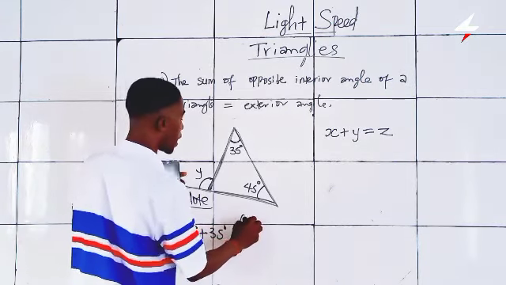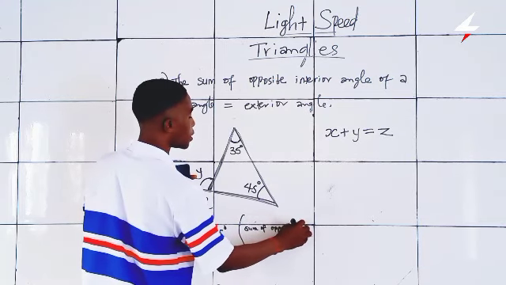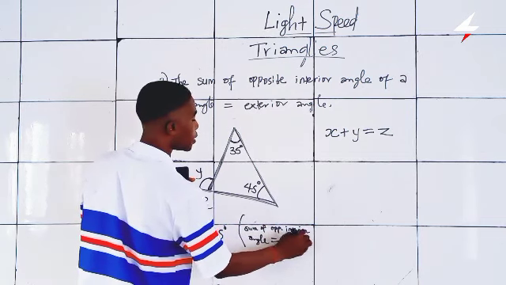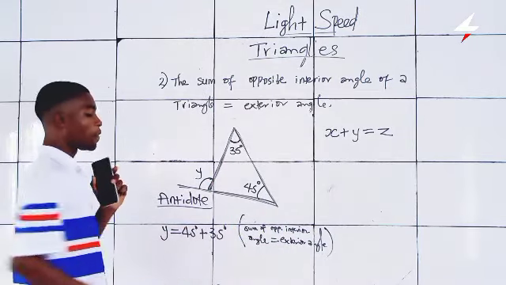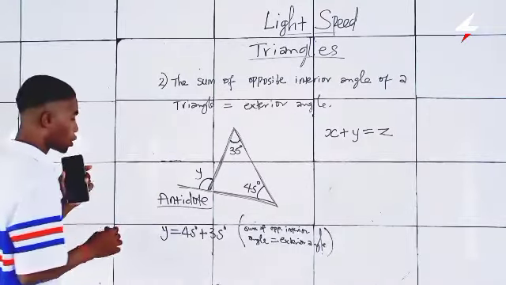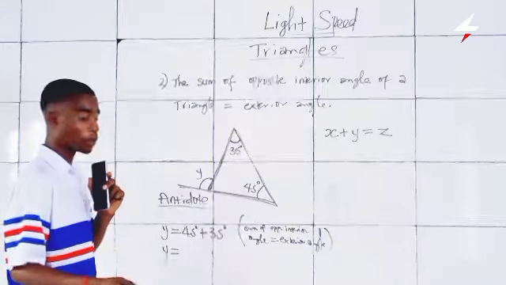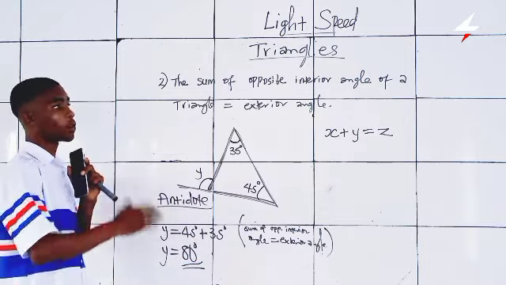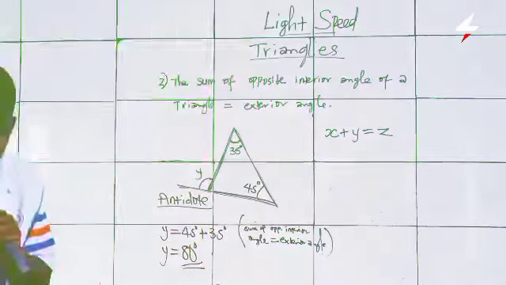Your reason, you write sum of opposite interior angles is equal to exterior angle of a triangle. So 45 degrees plus 35 degrees will give us a total of 80 degrees. 5 plus 5 will give us 0, put 1, so we have 80 degrees. So you see that the questions are very easy to solve. Thank you very much for watching.